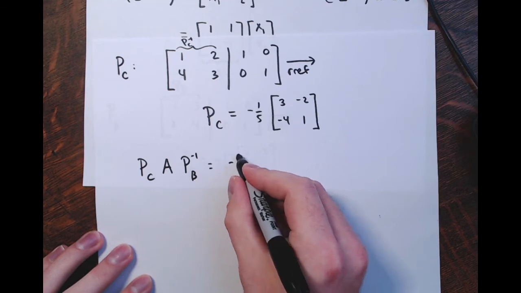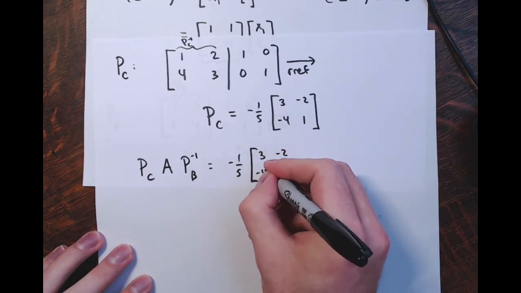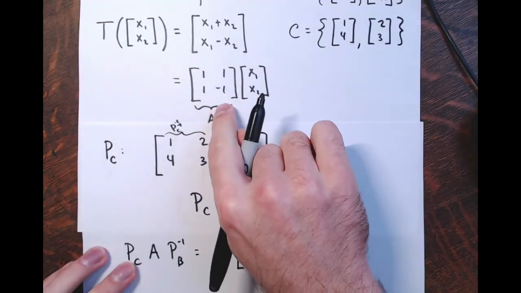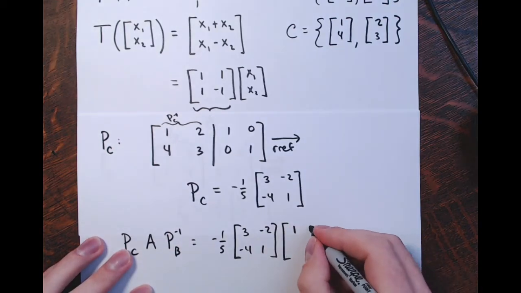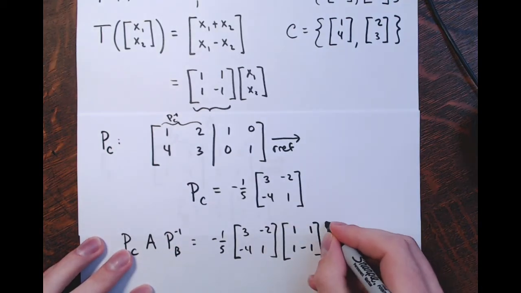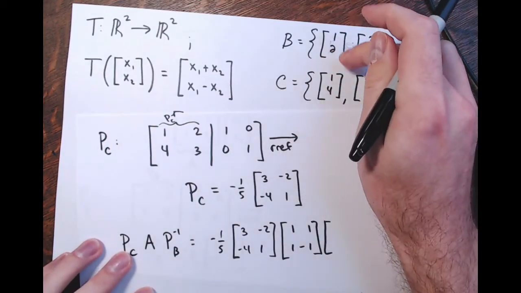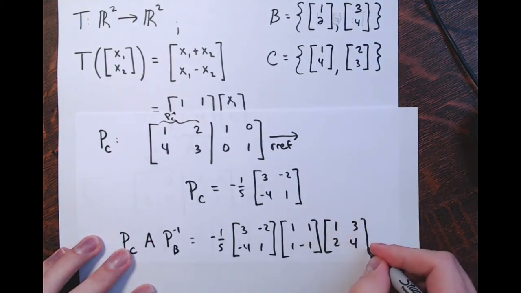Well, that would be this negative 1/5 times 3, negative 2, negative 4, 1. There's PC. A was the standard matrix, from the way it originally looked, the 1, 1, 1, negative 1. And then again, PB inverse is just the matrix where the vectors from B are the columns. So 1, 2, 3, 4.